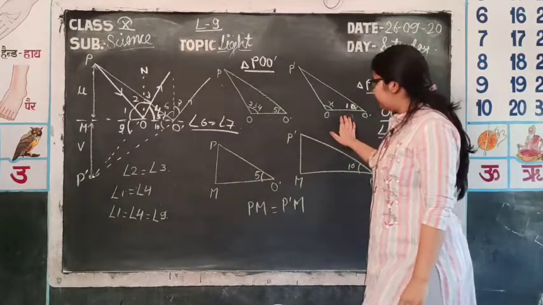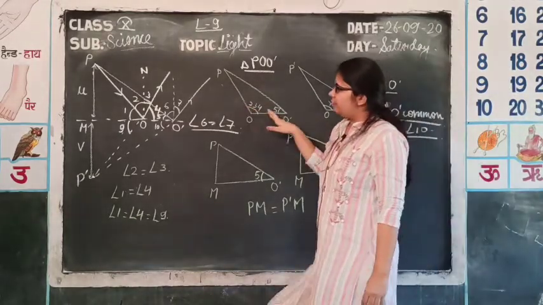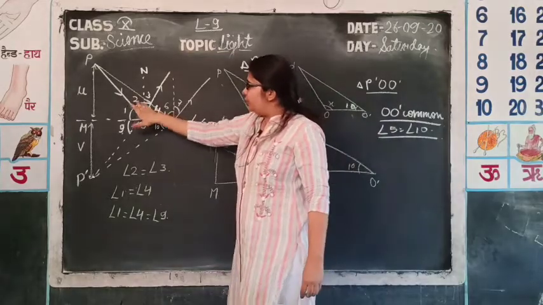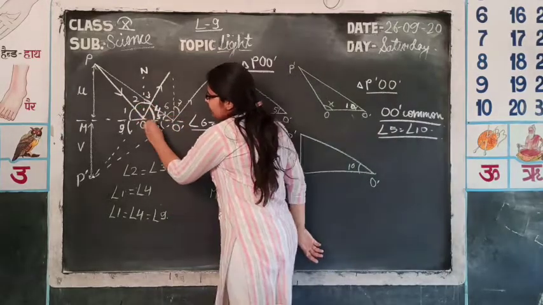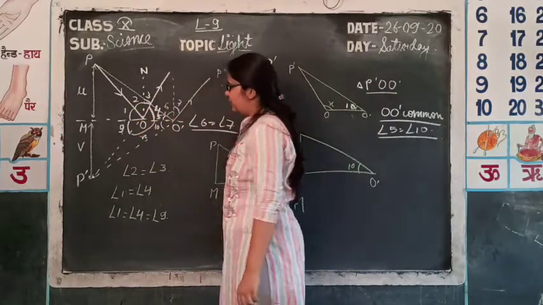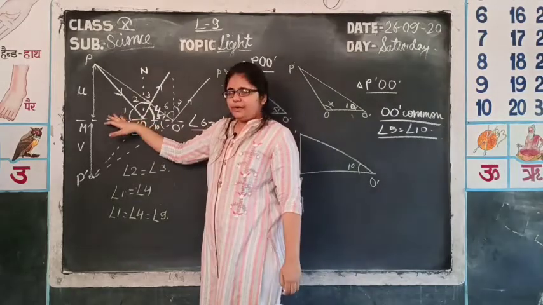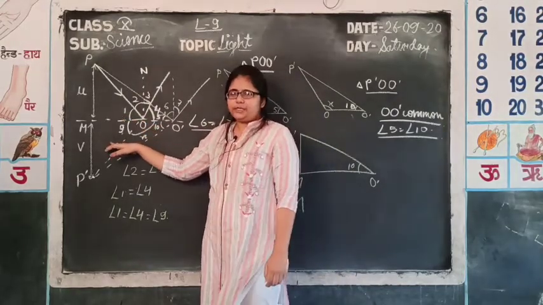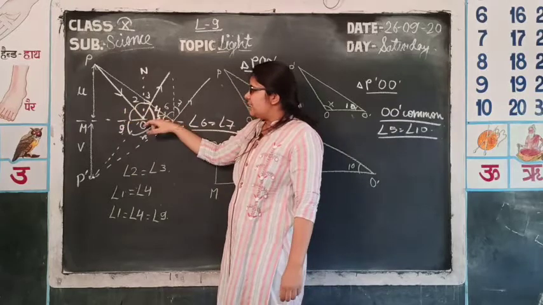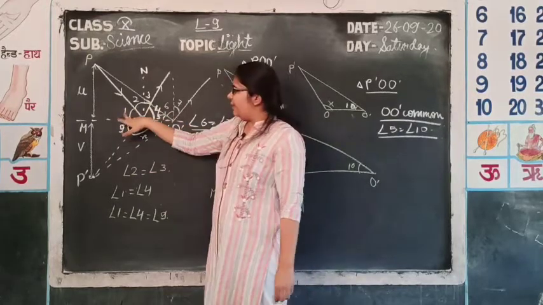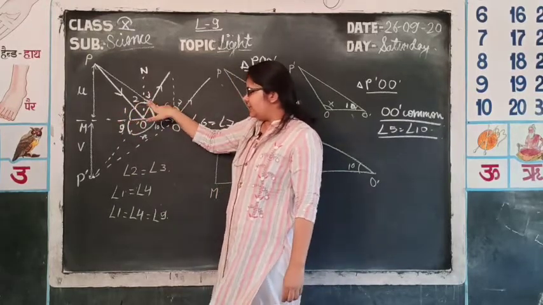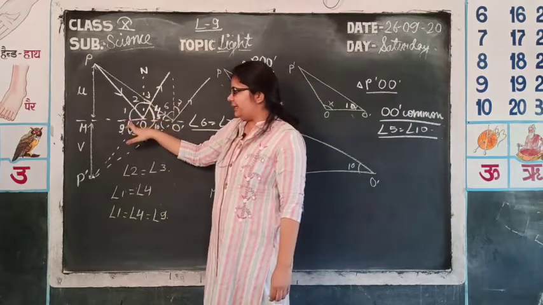And the sum of angles 2, 3 and 4 and this angle x are equal to each other, because angle 1 and angle 9 are equal to each other and their sums are equal to 180. Angle 1 plus 2 plus 3 plus 4 is equal to 180.